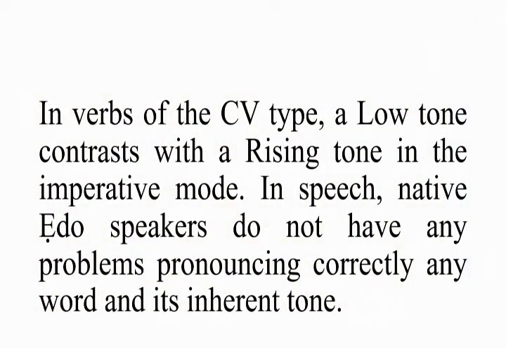In verbs of the CV type, that is monosyllable verbs, a low tone contrasts with a rising tone in the imperative mode. Imperative mode, that is when you pronounce such verbs, it's like giving order, and any Edo speaker should be able to react to such order.